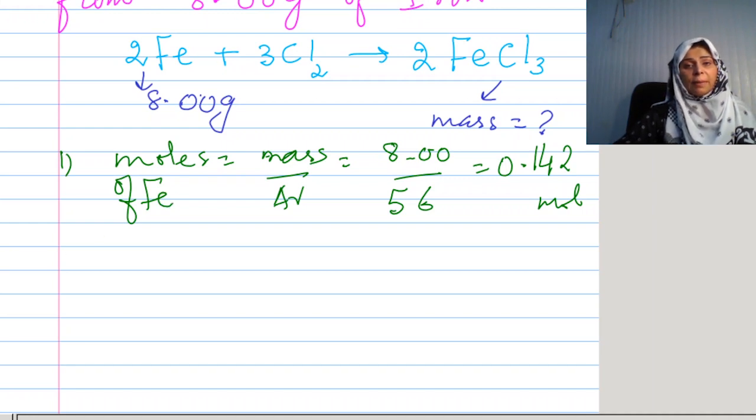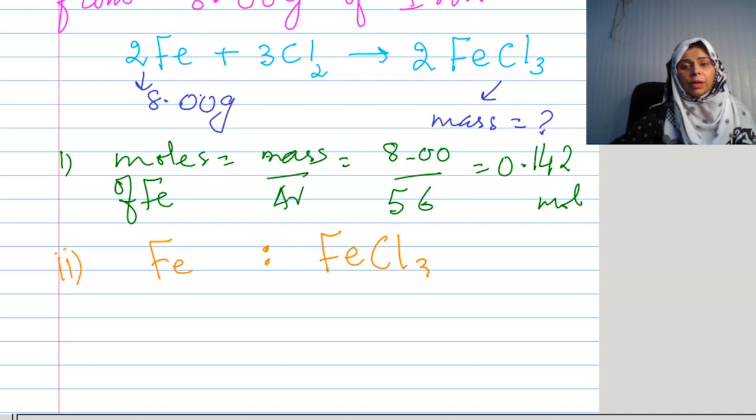In the second step, we have to do the ratio method, the ratio between iron and iron chloride. Okay. First we have to check how many moles there are: 2 moles of iron here and 2 moles of iron chloride here.